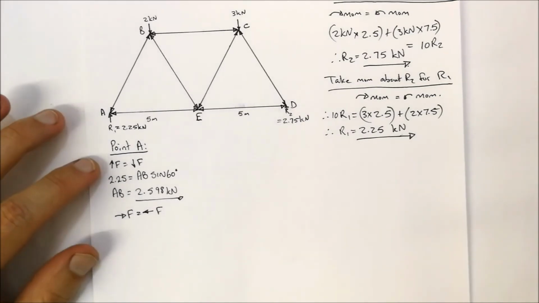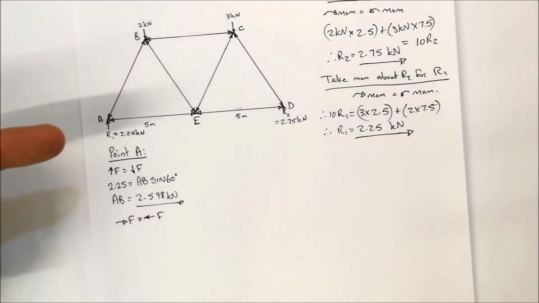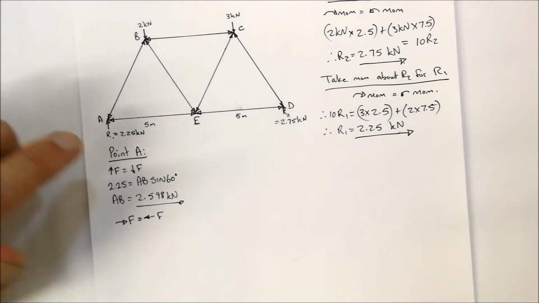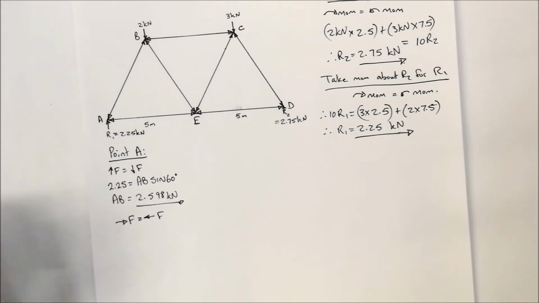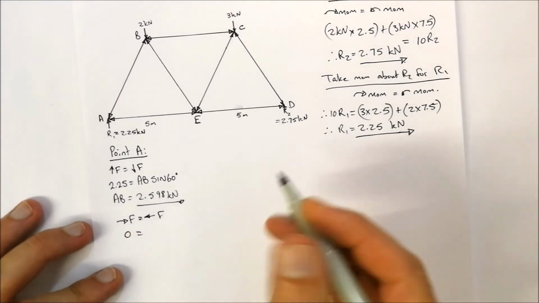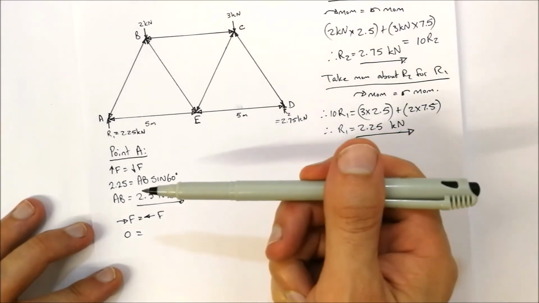Okay, so if you look at point A over here, what forces are acting towards the right hand side? There are no forces acting on the right hand side. All of these are acting some other way, towards the left. So therefore 0 is equal to all the forces acting towards the left hand side.